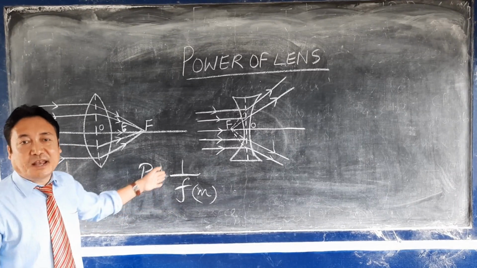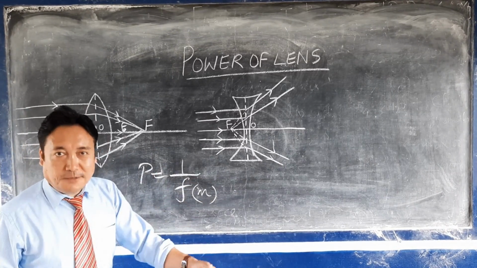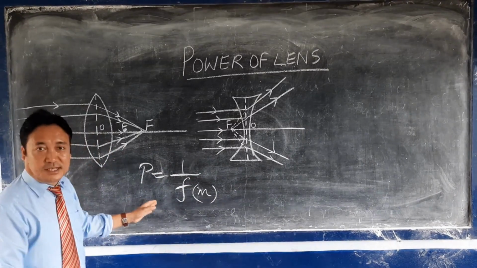Therefore, power is defined as the reciprocal of the focal length.